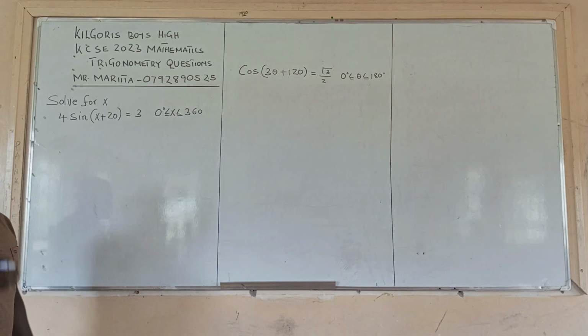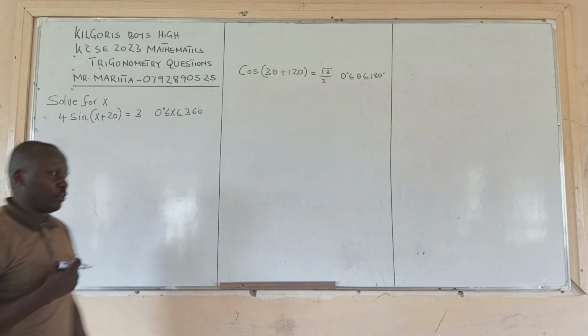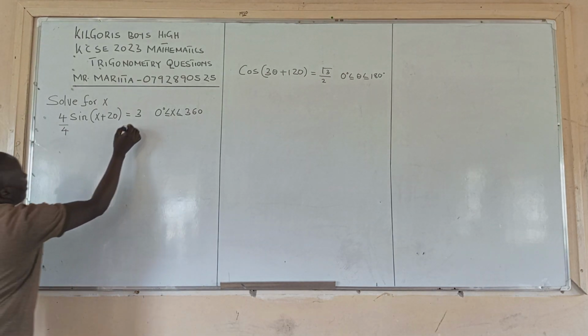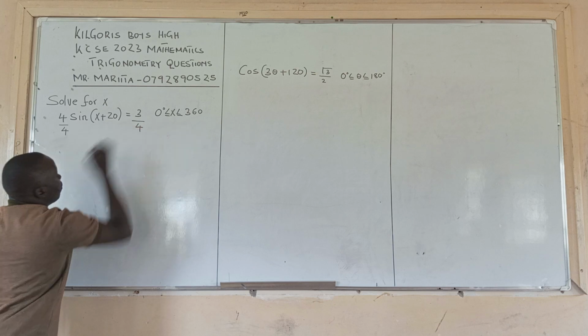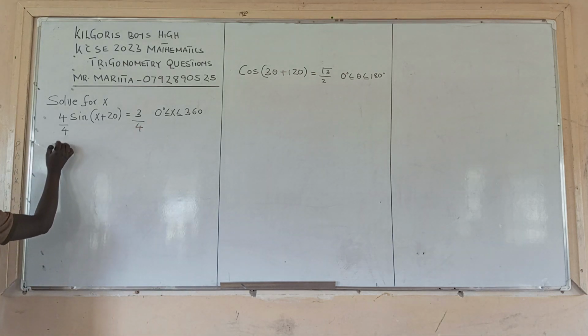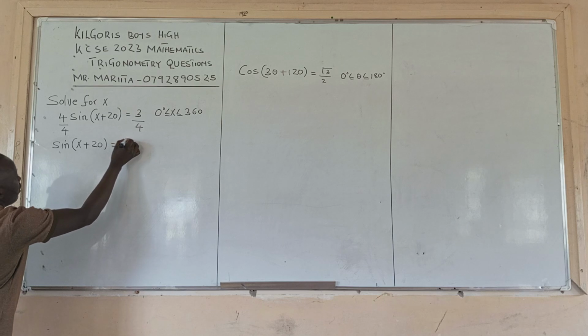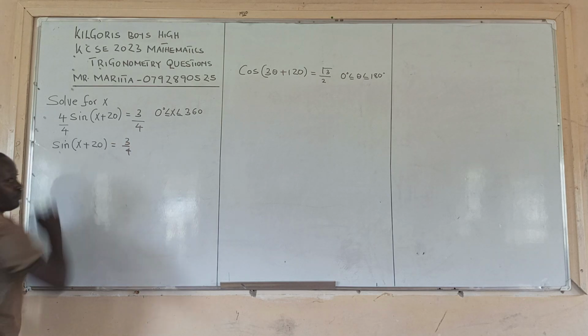So we are supposed to divide both sides by 4. Here you divide by 4 and this one you divide by 4. So we remain with sine (x plus 20), which will be equivalent to 3 over 4.